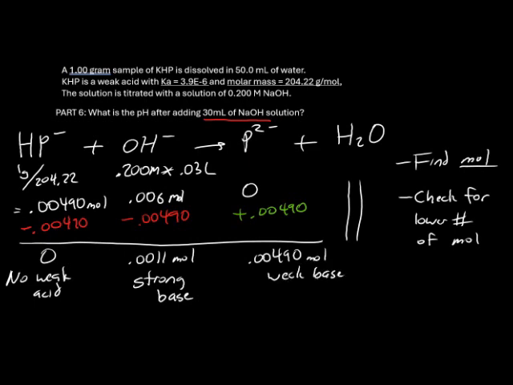So notice that we have a solution that is both strong base and weak base, but has no weak acid left. We certainly don't have a buffer here because we would have to have some weak acid in order to be a buffer. In fact, what happens in this case is that you'll have strong base, and that's much stronger than your weak base, and so the strong base will control the pH.